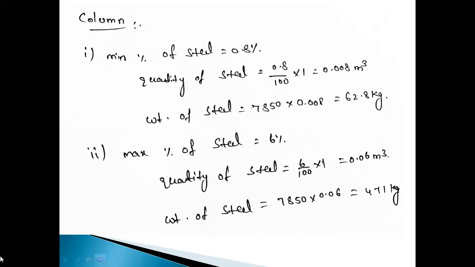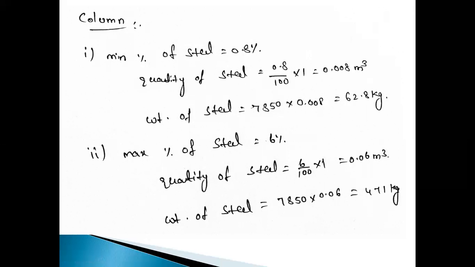Quantity of the steel equal to 6 divided by 100 into 1, that is equal to 0.06 cubic meter. Next one, weight of the steel 7,850 into 0.06 equal to 471 kgs. So here column in minimum percentage of steel for 1 cubic meter, minimum 62.8 kgs and maximum steel is 471 kgs in column.